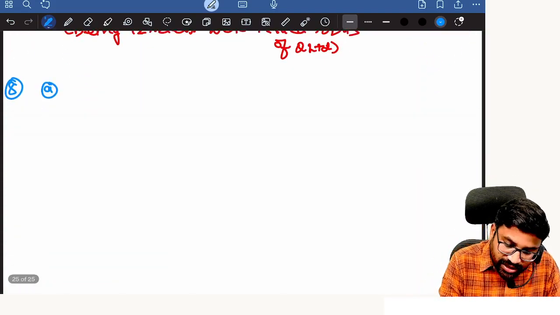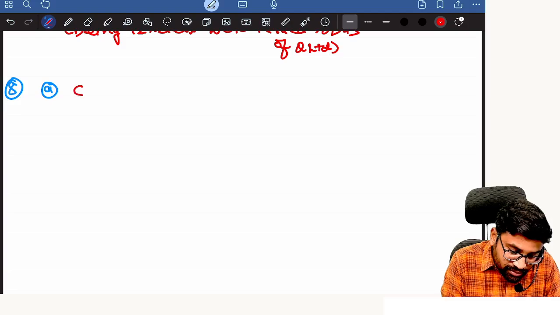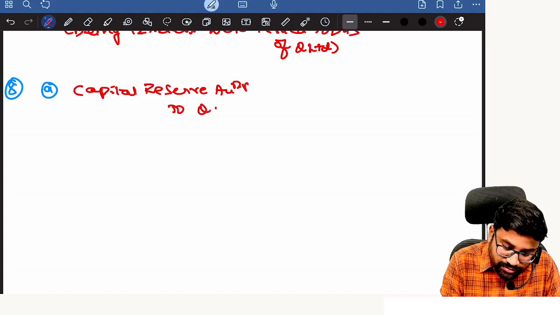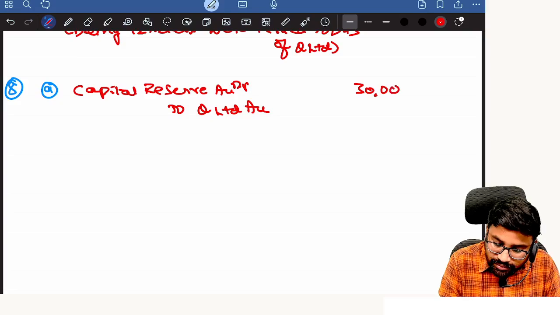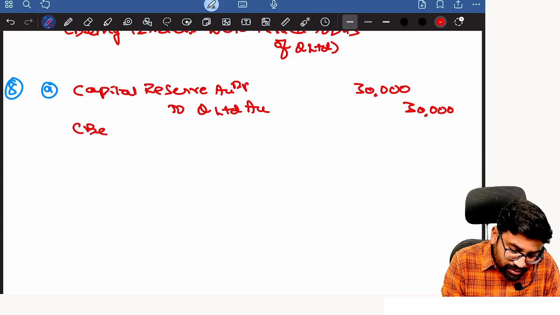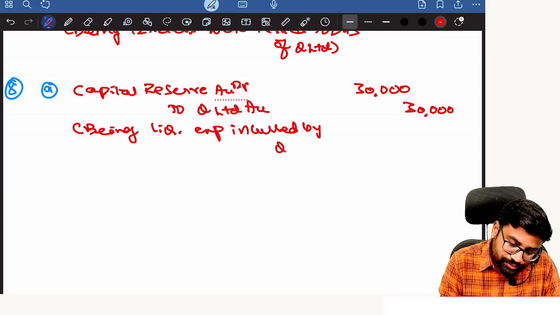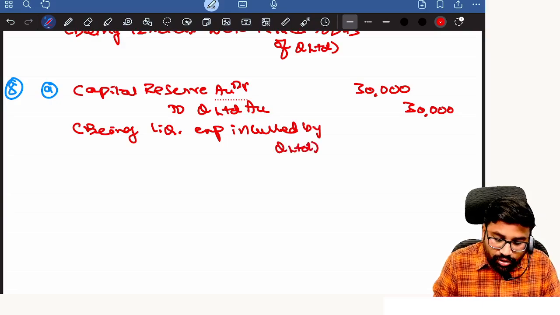So therefore I am writing here first capital reserve account debit to Q Limited. How much? 30. Being liquidation expenses incurred by Q Limited. When they incurred, what entry will we write?